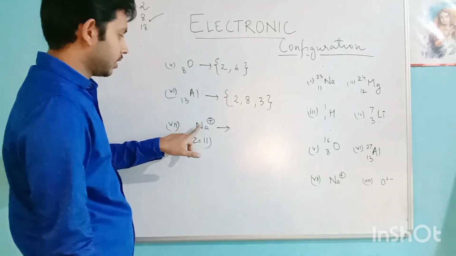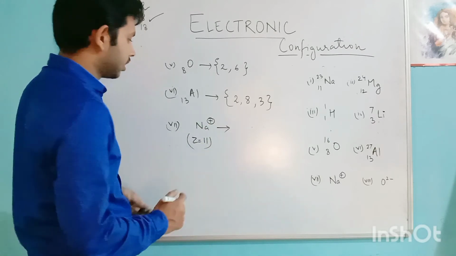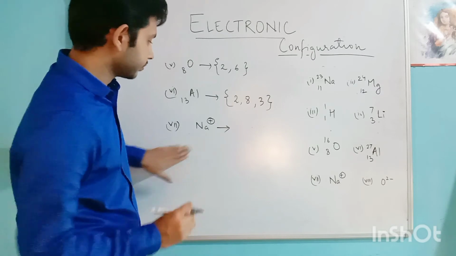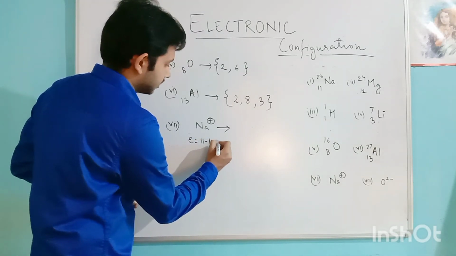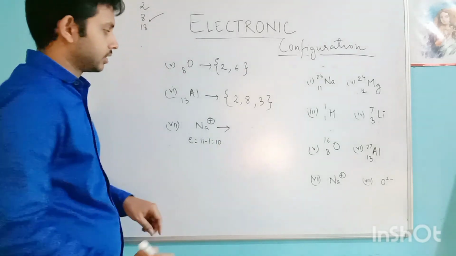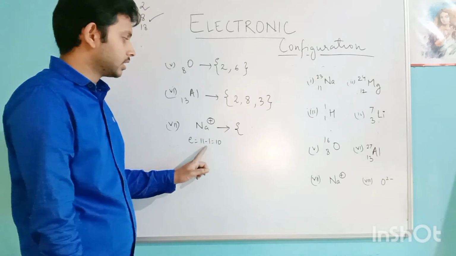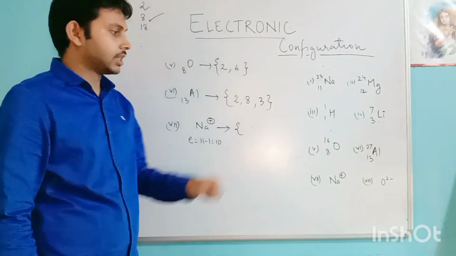Okay. So in sodium plus there are actually a number, atomic number is 11, but the number of electrons is one less. There are 10 electrons. So we will write, whenever plus is there, you have to minus 1. Whenever minus is there, like in this case, you have to plus that number.